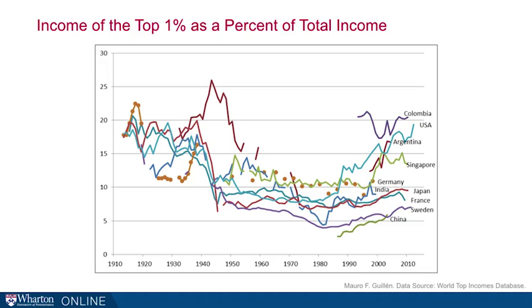And what we can see is that when we adopt a longer time period since the beginning of the 20th century, then we see a U-shaped pattern whereby inequality was relatively high in the 1910s and the 1920s, and it started to come down at around 1940 or 1945, 1950, reaching a low as of the year 1980, and then starting to increase again in most of these countries.